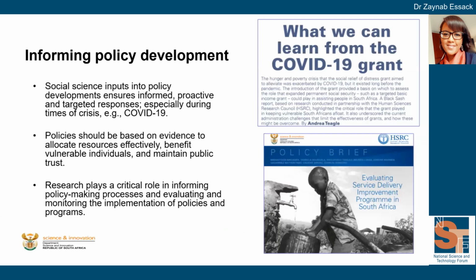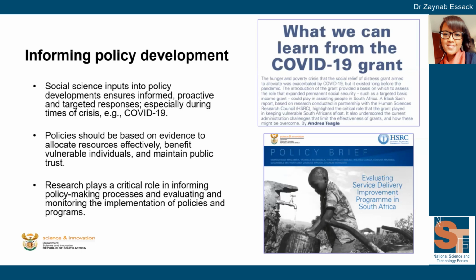But before we move on to the work of the center, I think critical to the HSRC is that we don't just want to do research for an academic or knowledge generation activity.